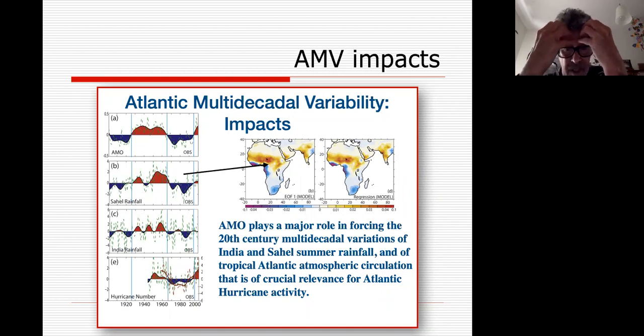And the AMO also is important to trigger the Atlantic hurricane activity, and the number of hurricanes is quite well related to the AMO index, and this is quite obvious since it is a local response of the atmosphere-ocean system to the states, and this is locally related.